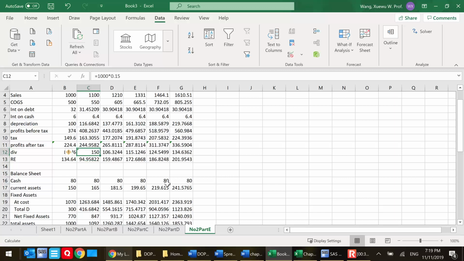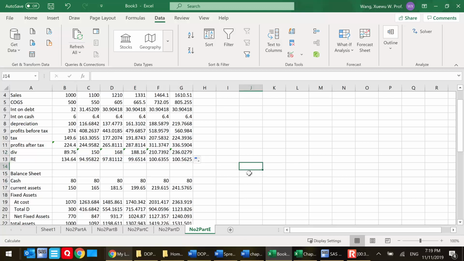And then it's going to grow at 12% per year. So the dividend in year two is going to be the dividend in year one multiplied by 1 plus the dividend growth, which is 12%. I can copy this across for all the other years.